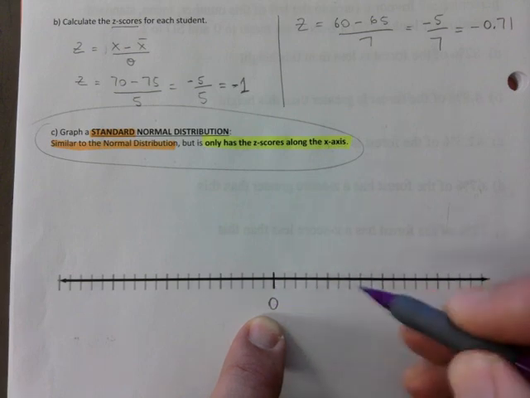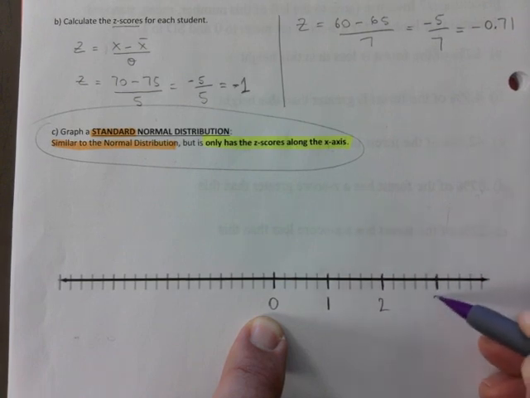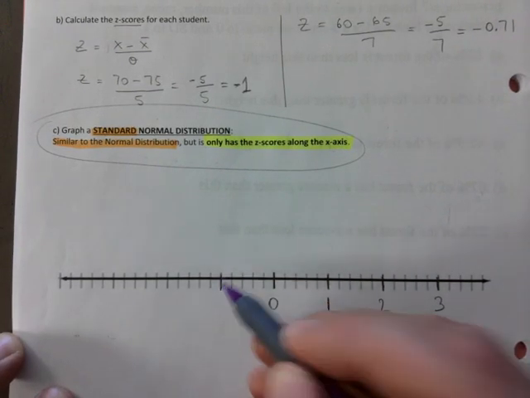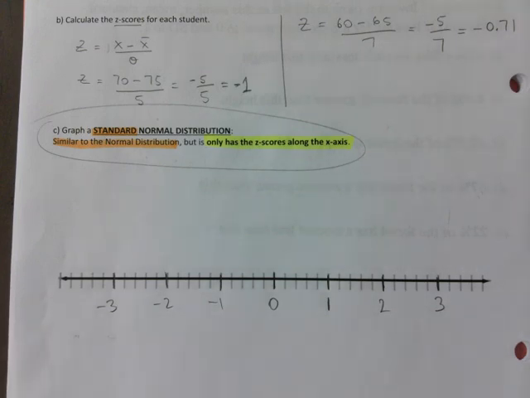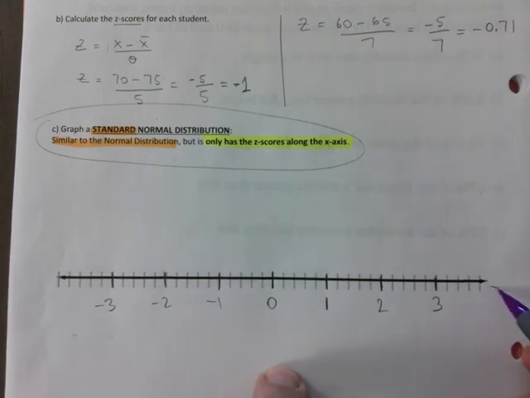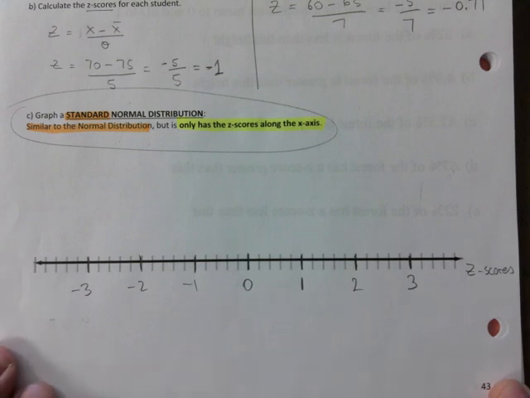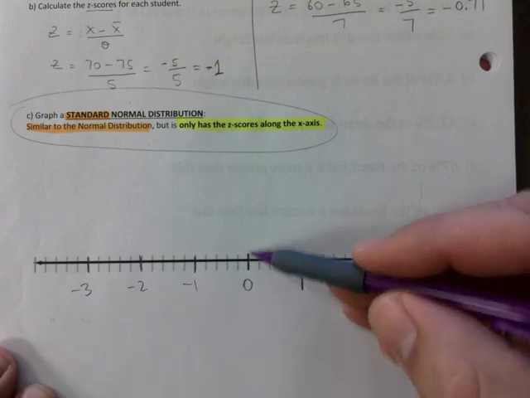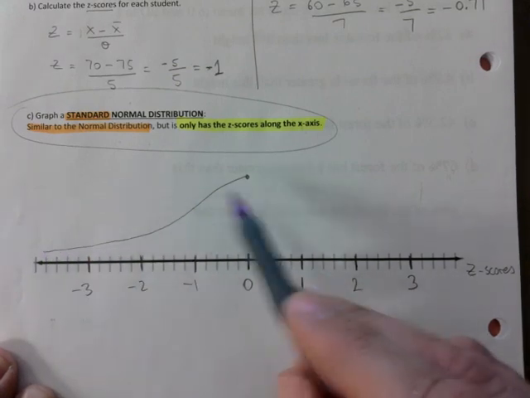It's going to be 0, and then 1, 2, 3 going positive, and -1, -2, -3 going into the negatives. These are my z-scores. We still go to the top here and make our bell curve.